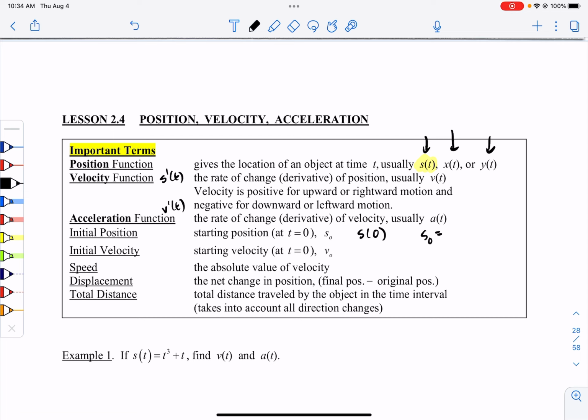Speed, this one is important because speed and velocity are really easy to mix up. Speed and velocity are the same thing, except that your speed cannot be negative. Okay, velocity, we said, if it's a negative velocity, you're moving to the left or down. If it's a positive velocity, you're moving to the right or up. Your speed, it doesn't matter which direction you're moving at a speed.